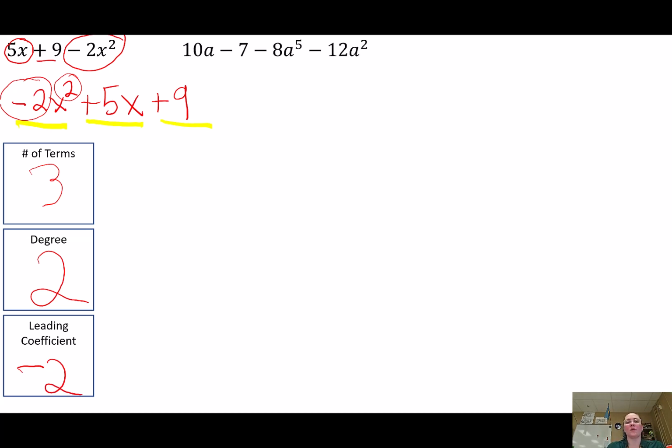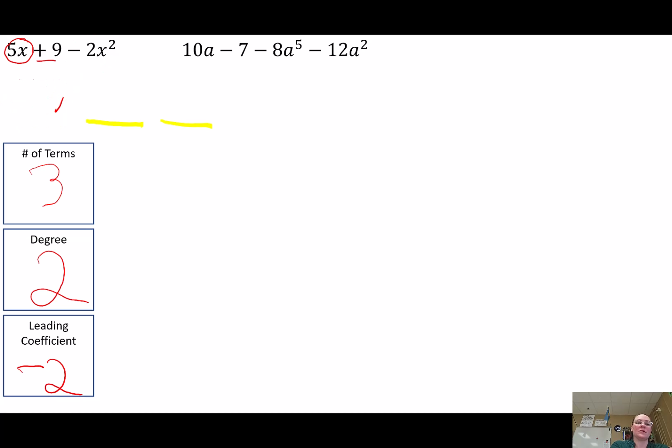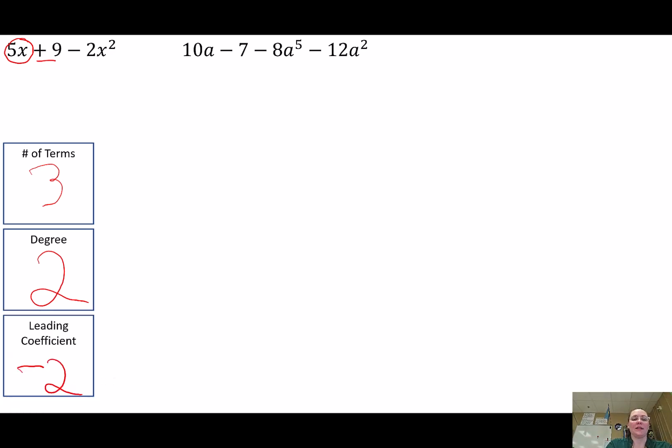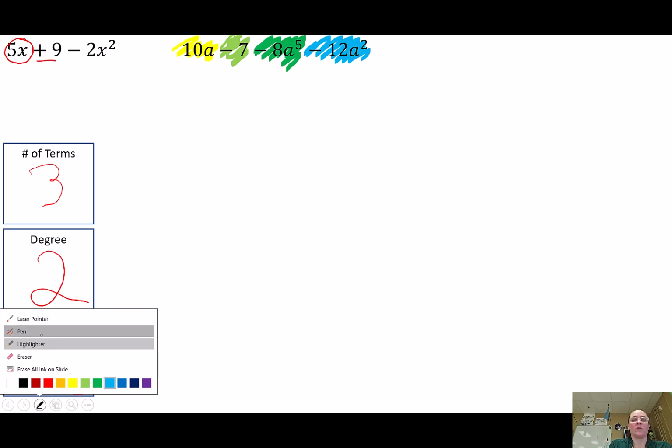All right, let's look at another one. I'm going to erase this here. I need to find my term with the largest exponent first to write this in standard form. So I'm going to highlight each term in a different color. So here's a term. What is the one with the largest exponent?